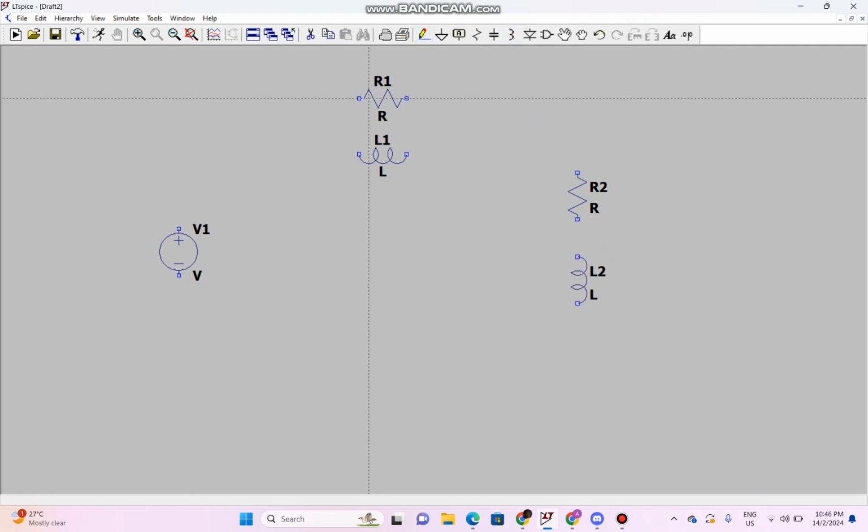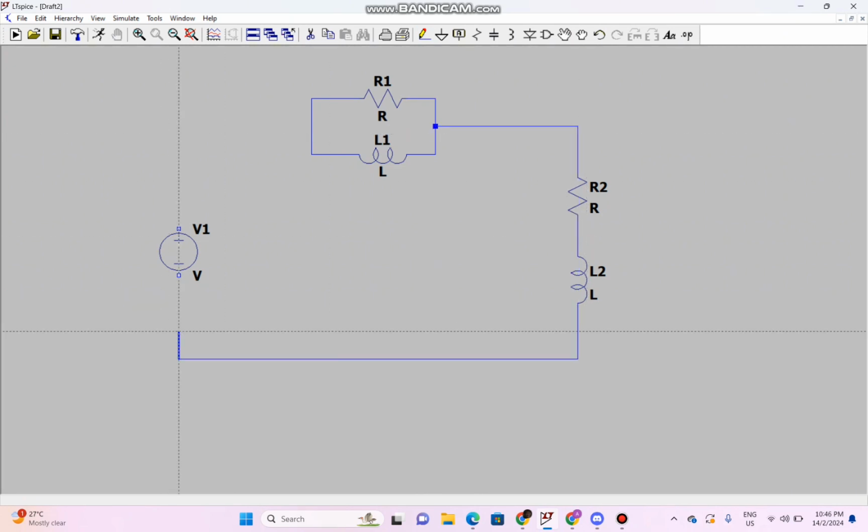Then we connect all these components, just like that, and don't forget ground. We need to connect this ground too.